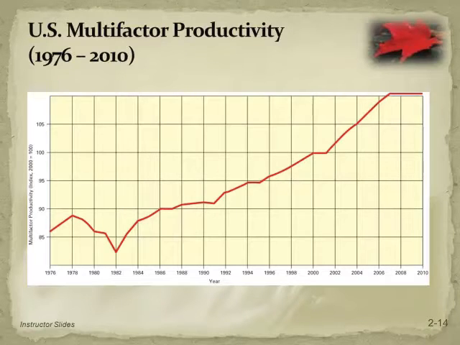This slide shows the trend of productivity in the United States going back to the mid-1970s. You can generally see that it has been on an upward trend, but there are little changes to it. If you take a look at some of the specific numbers, let's look at, for example, the year 1990. 1990 and 1991 were recessions in the United States.